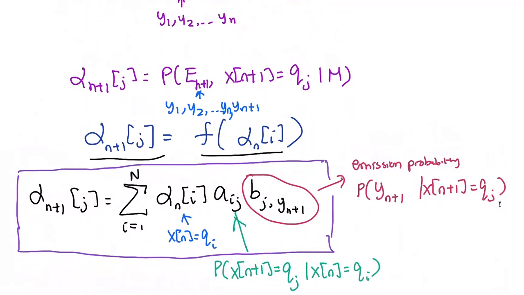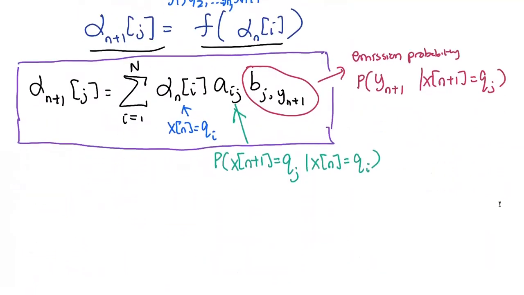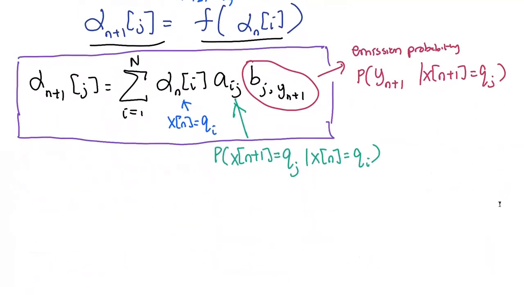If I'm working with model M1, then I use the state transition and emission probabilities of model M1. If I'm working with model M2, then I use their corresponding state and emission probabilities, right? So that's the update.